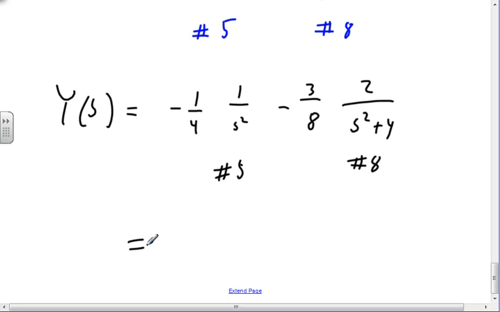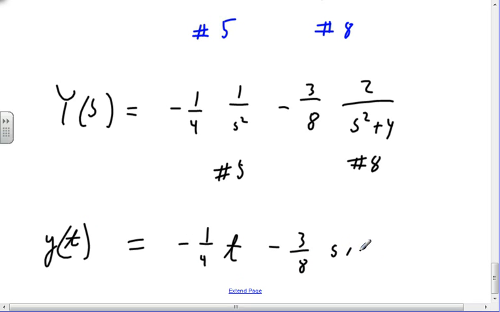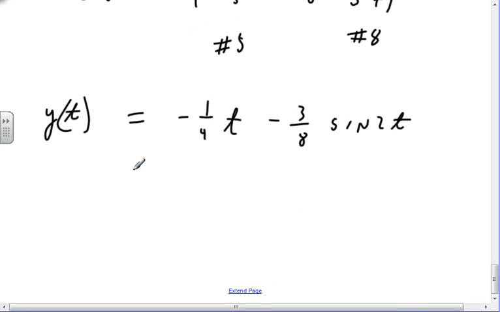back of the book, but the one that's passed out to you, and get that y of t equals minus 1/4 t minus 3/8 sine 2t. Now I'm going to check the initial conditions.